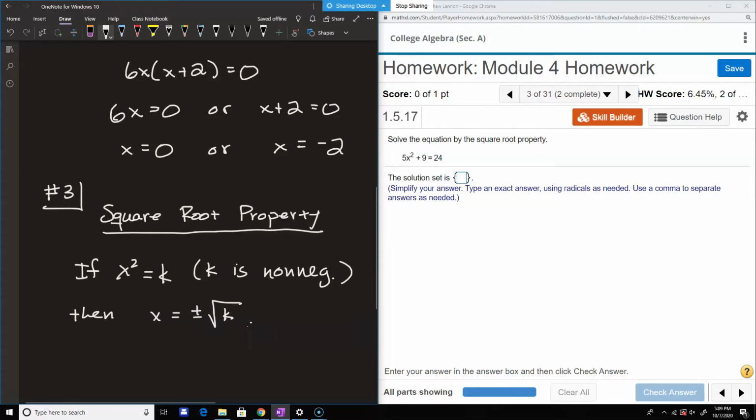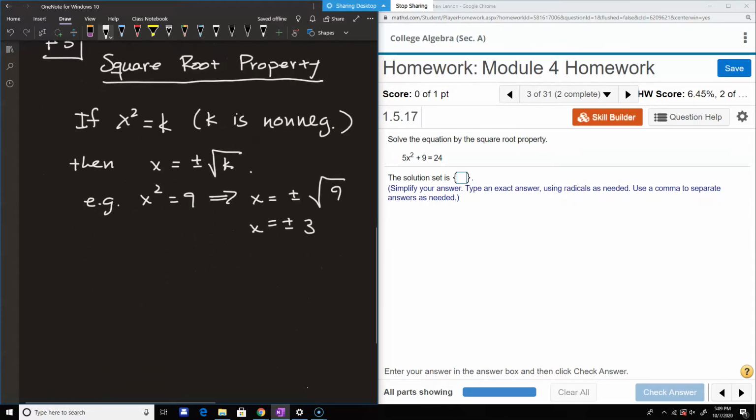Right? So for example, x squared equals 9 would say that x is plus or minus the square root of 9, which would be x is plus or minus 3. So you have two numbers that you can square that would equal 9, positive 3 or negative 3.